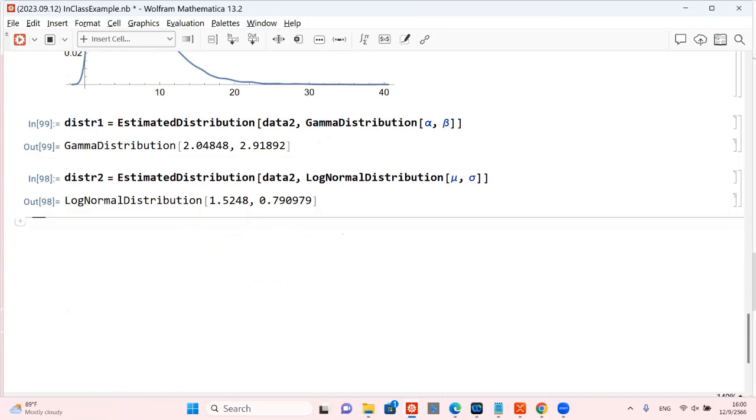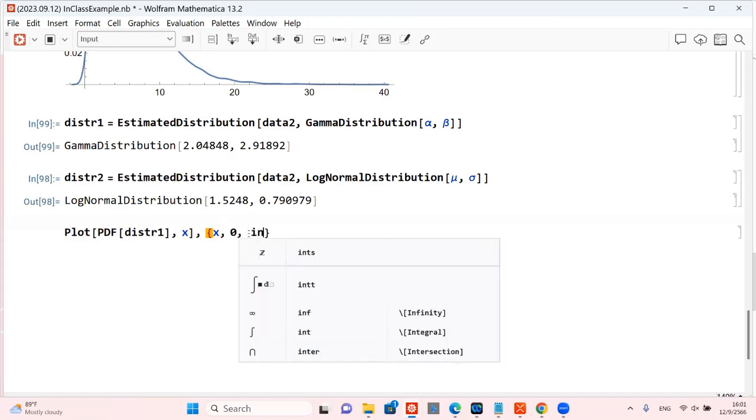How do I do this? I just plot them, right? Plot PDF of distribution 1, of X. Now, what do I want to plot X from? X from 0 to unbounded, right? Infinity then.